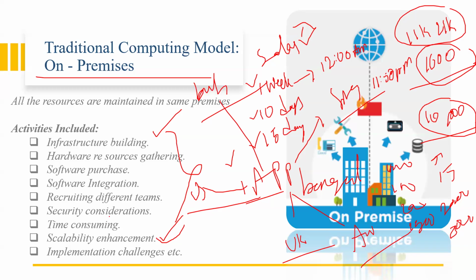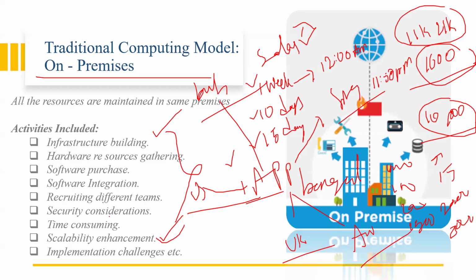Assume your house is like a mini on-prem. You kept your bulk amount on your premises in your locker. How safe will that be, sir? You will get afraid, right? If something goes wrong, if any thief comes, definitely you will panic.